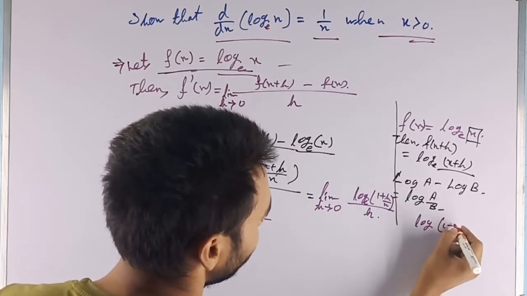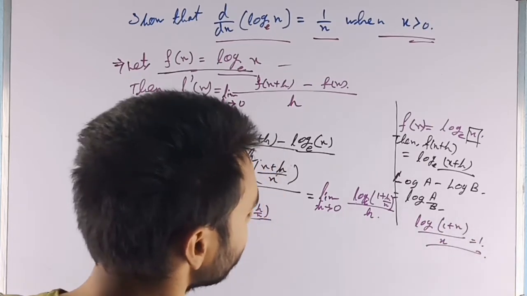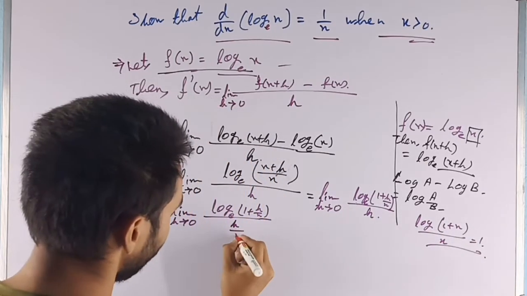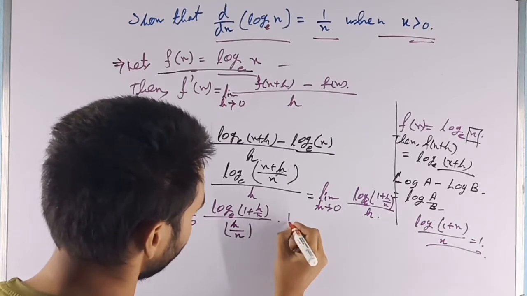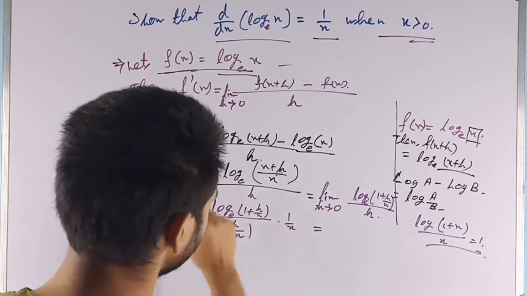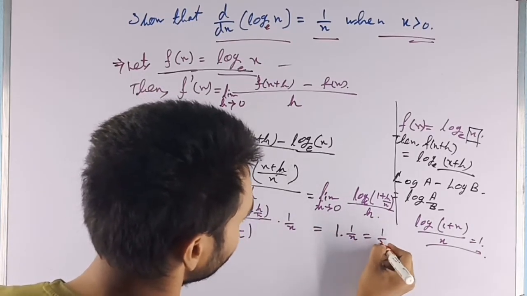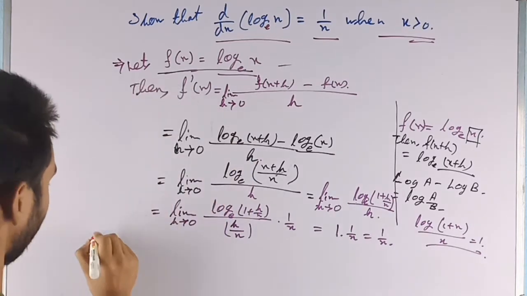Now we have a logarithm formula: limit of log of 1 plus x by x equals 1. Putting h by x here, it becomes 1 times 1 by x, which equals 1 by x. Hence f dash of x equals 1 by x.